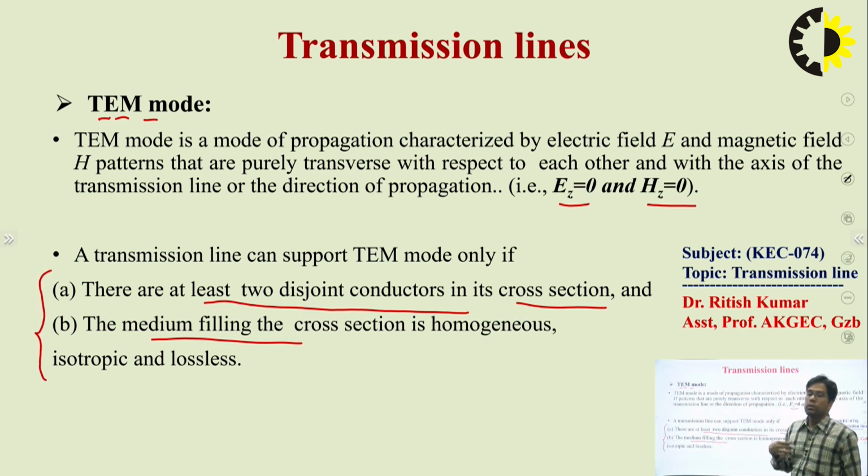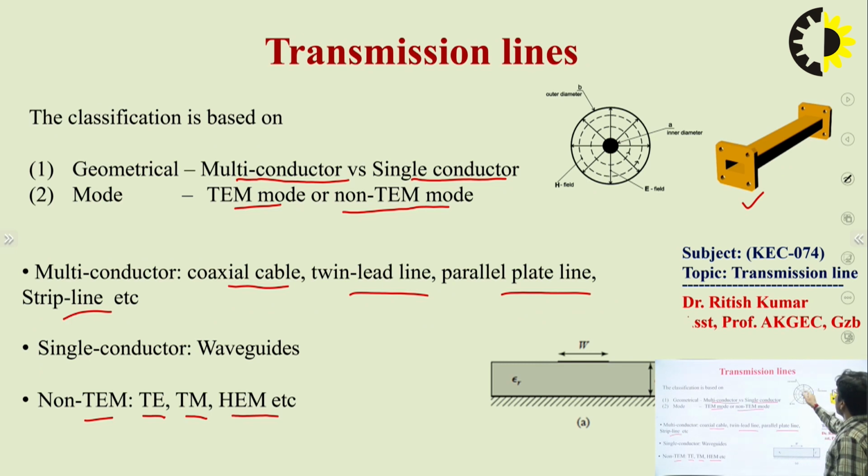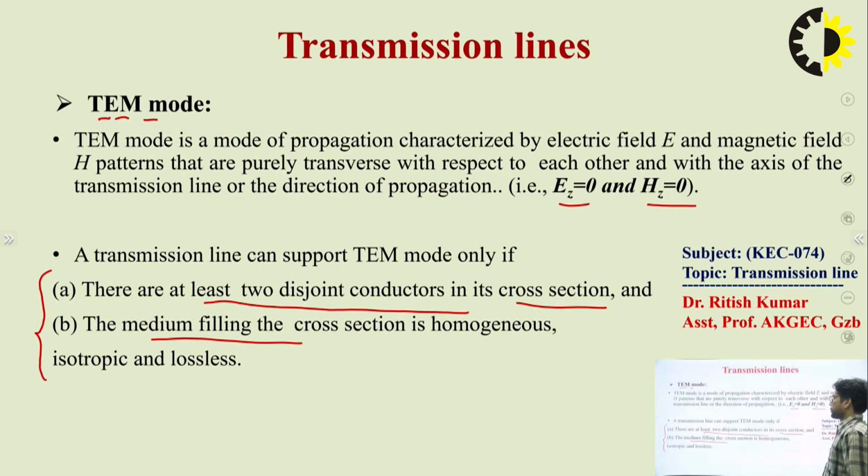As we know, the coaxial transmission line has two disjoint conductors: the first one is the inner conductor and the second one is the outer conductor. And the media filling inside the coaxial is Teflon, which is a uniform media. That's why this transmission line verifies the two conditions to have a TEM mode, and we can say the coaxial transmission line always has a TEM mode. This is the condition of the TEM mode.